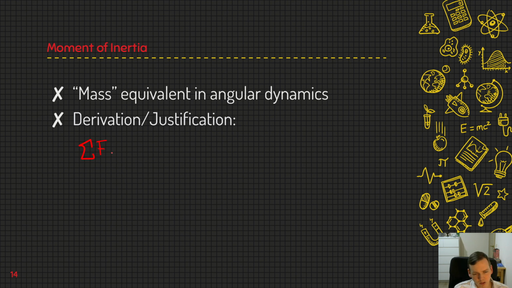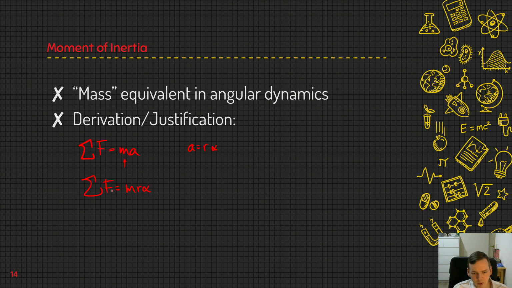So let's take a moment and look at this. Net force equals mass times acceleration. This is just the fact that inertia, the more mass you have, the more you're going to resist moving, meaning the more force is required to get you to accelerate a certain amount. Now, we know that a equals r alpha. So net force is equal to m r alpha.